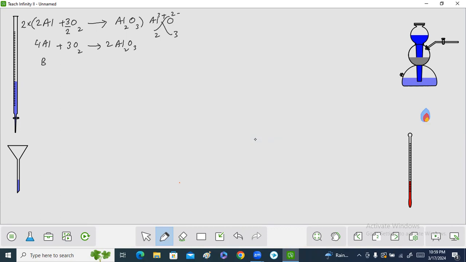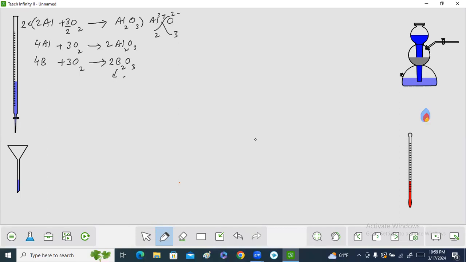If we have boron, which is also an element of group 3, that can also react in the same way to form boron oxide, and the same balancing coefficients can be used for this element.